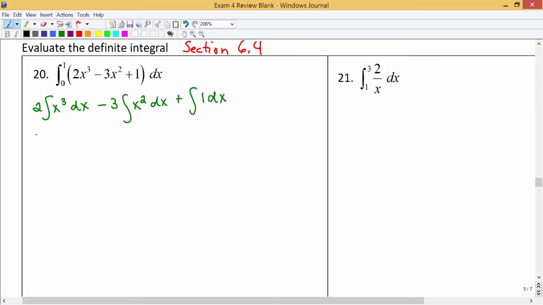So we end up getting 2 times x to the 4th divided by 4 minus 3 times x cubed divided by 3 plus x. And then once we find that antiderivative, we said we want to evaluate it at the upper and lower limits of integration, so between 0 and 1.